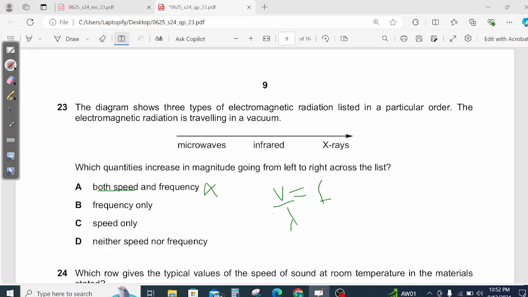If wavelength is decreasing as I have shown on the spectrum, then frequency increases, but speed remains constant. Speed of light remains constant. Speed increases only? No. Frequency increases, yes. Speed only, no, speed does not increase. So your option will be B here.